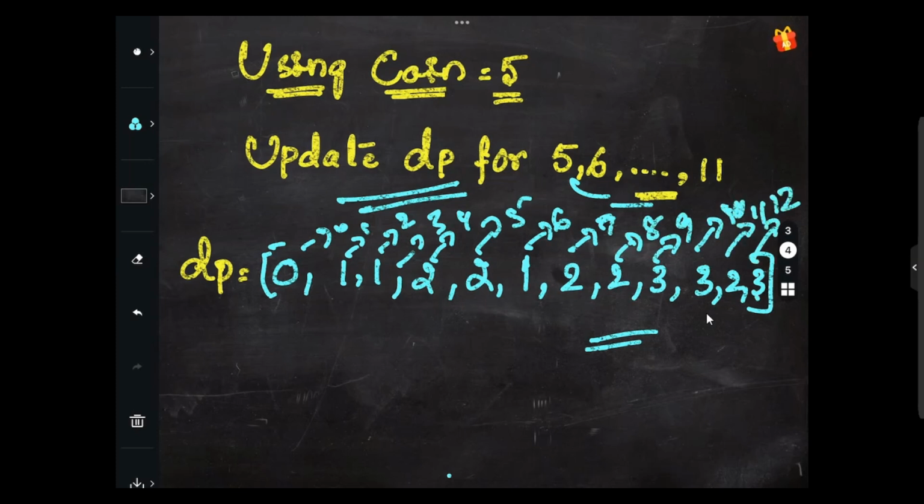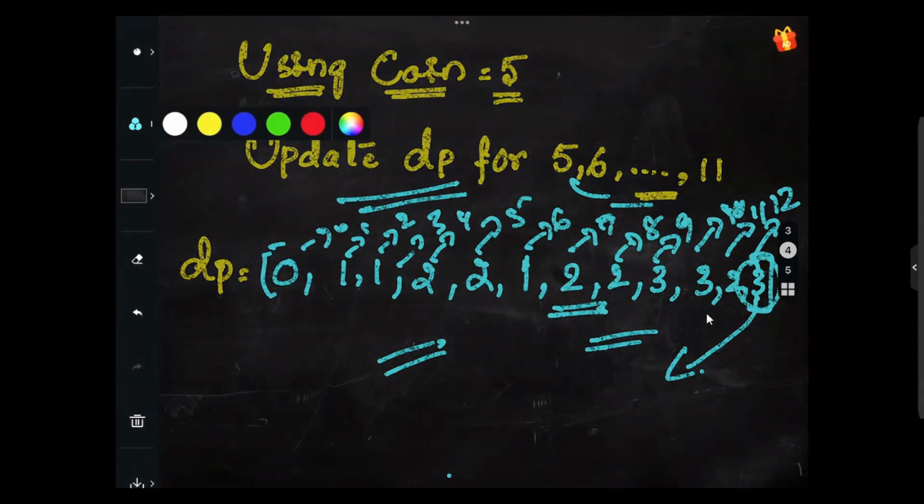So here is dp of 11. Did I miss anything here? 0, 1, 1, 2, 2, 1, 2, 2. This is fine, and 3, 3, 2, 3. Correct. This is correct, right? So in this case, the last element that we got here, dp of 11, is 3.